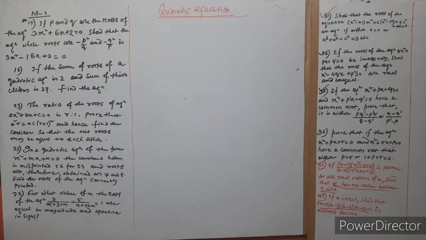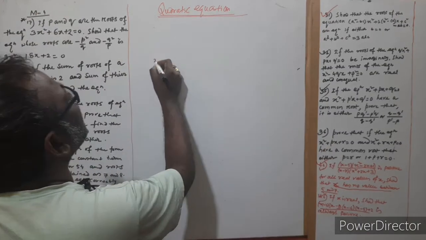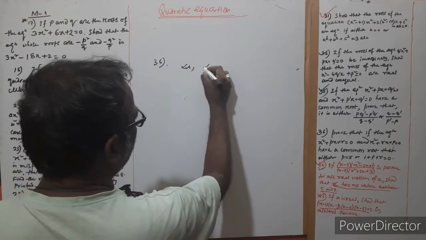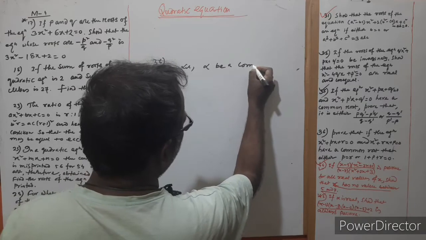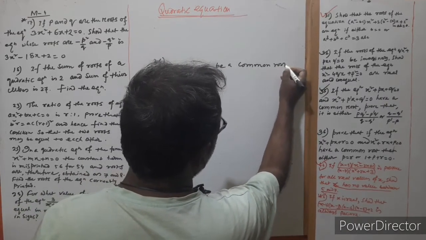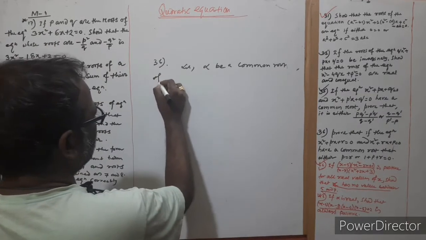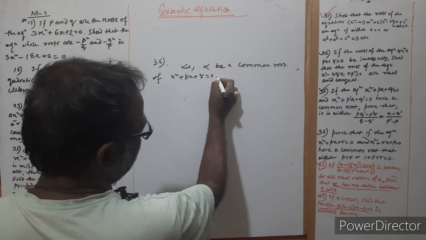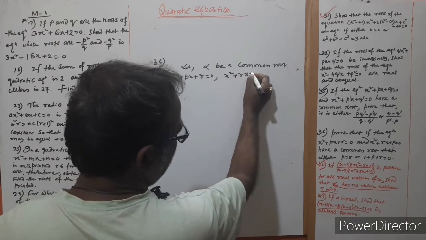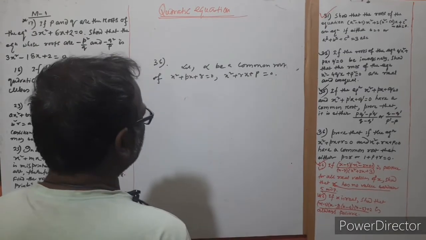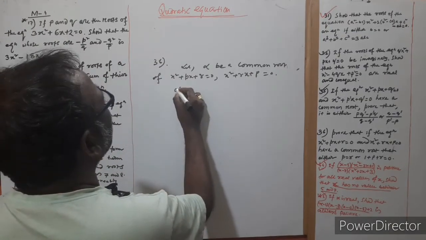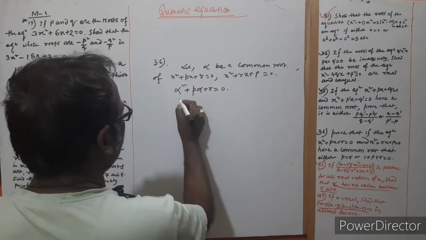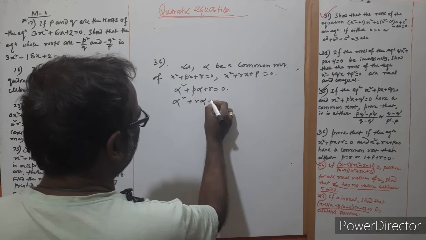Let alpha be a common root of x square plus px plus r equal to 0 and x square plus rx plus p equal to 0 here. Now alpha square plus p alpha plus r equal to 0, and alpha square plus r into alpha plus p equal to 0.